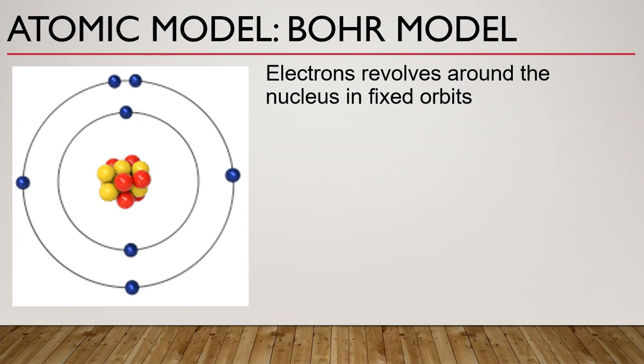Meaning, electrons vary energy in each energy level. So, tandaan natin, near the nucleus, low energy level, habang palayo ng palayo sa nucleus, mas tumataas yung energy level ng mga electrons. To summarize, Bohr model represents electrons in atom in terms of electron orbitals and their energy level.